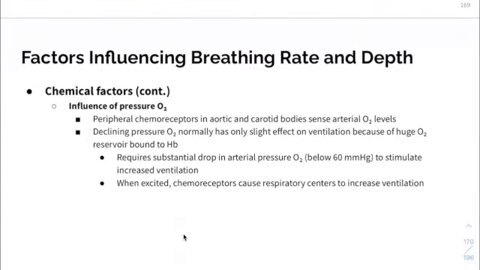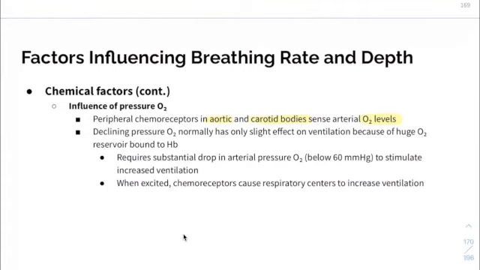So as we said, there's receptors in the aortic arch and those carotid arteries, because we need to watch those oxygen levels. We need to make sure we have the right amount of oxygen being pumped out to the rest of our body.